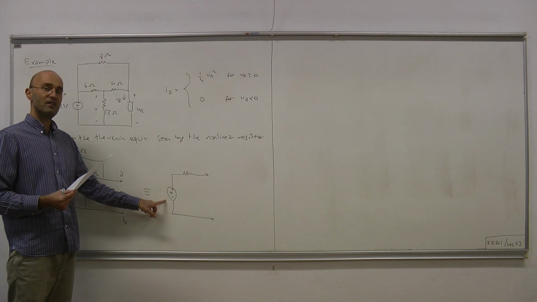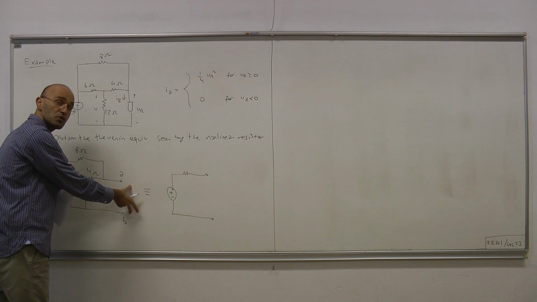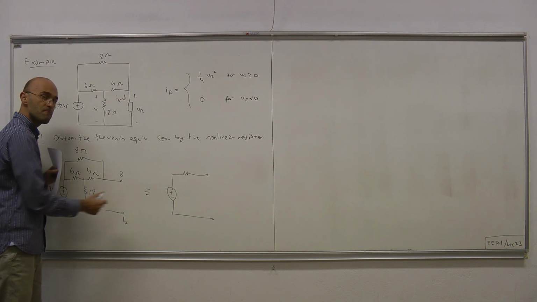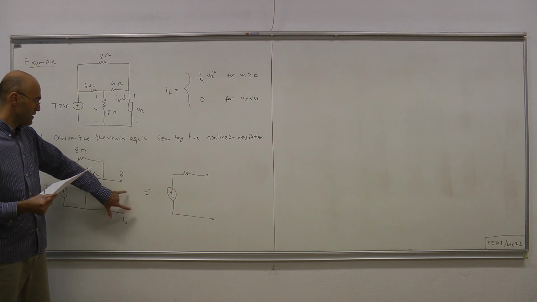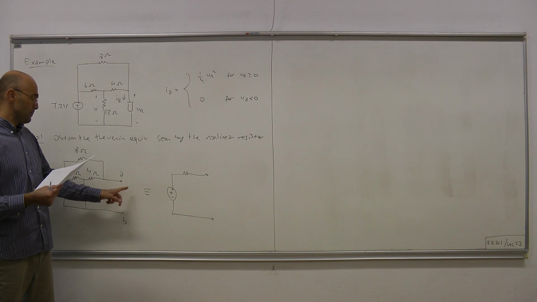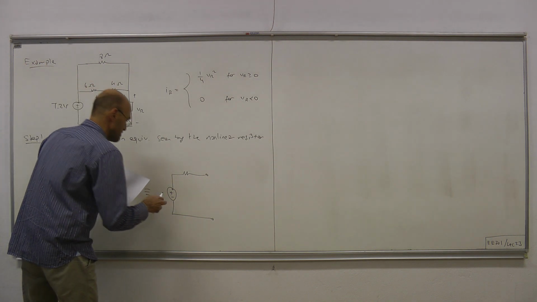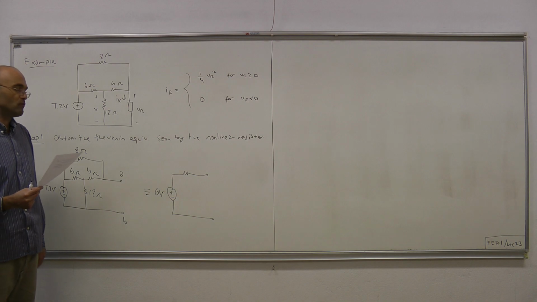What was the Thevenin voltage? It was the open circuit voltage that appears across these nodes A and B. If you leave this pair of terminals open circuited and figure out the voltage drop between these two nodes, that happens to be 6 volts, and 6 volts is the Thevenin voltage.